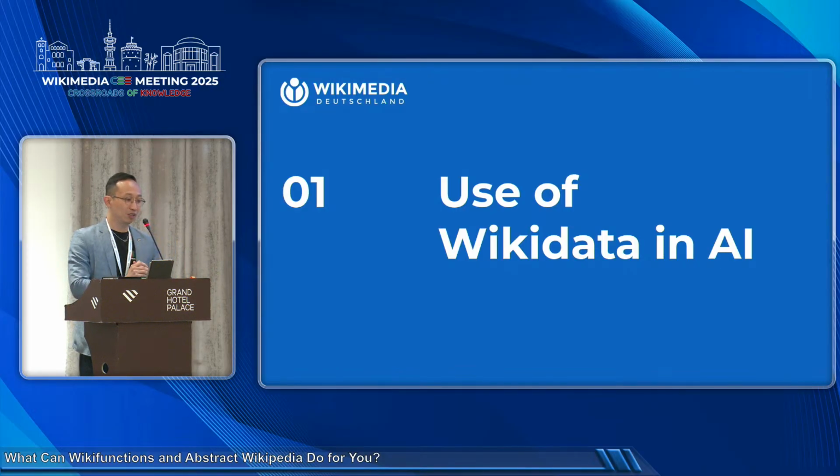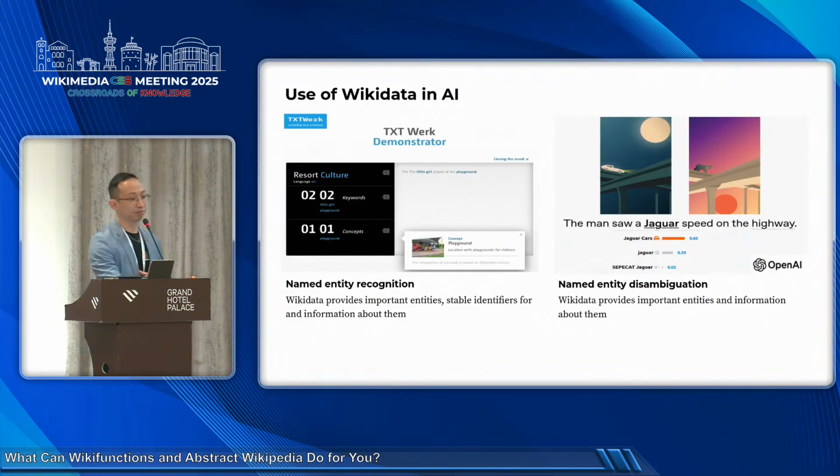So Wikidata is already widely adopted in various AI applications. It is the backbone of factual knowledge in many, many systems. Embedding this data makes it usable at scale for neural networks and large language models, and is especially valuable where factual precision and transparency matter.